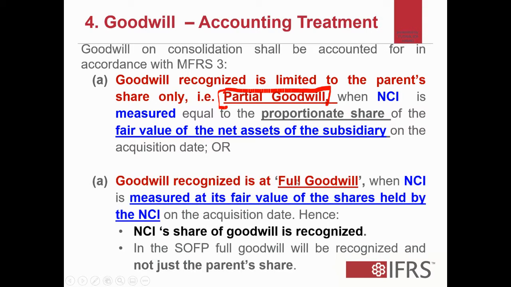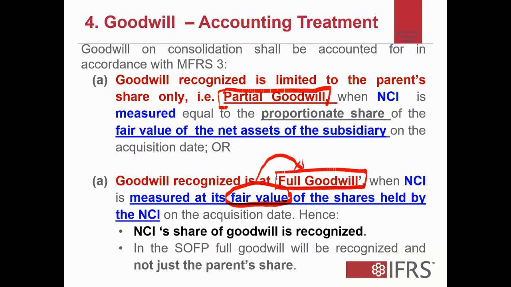The first one is the partial goodwill method. The second one is the full goodwill method, where full goodwill method means when non-controlling interest is measured at fair value of shares held by the non-controlling interest. So this is where the non-controlling interest is measured at fair value, you will have full goodwill.